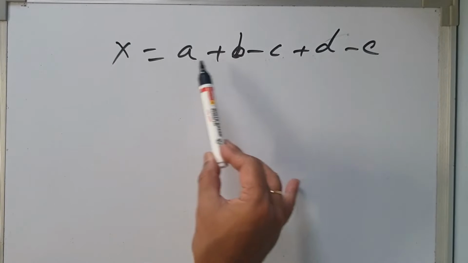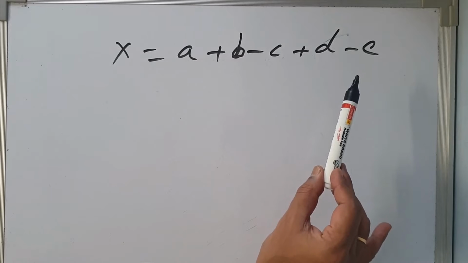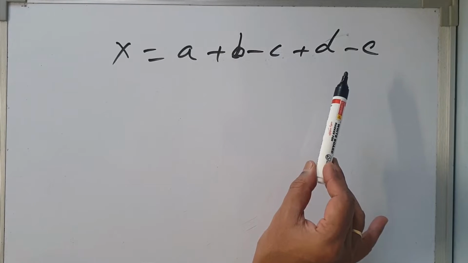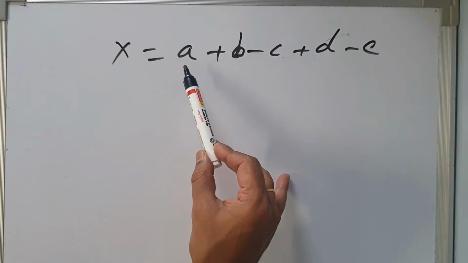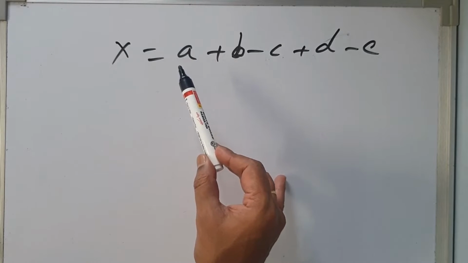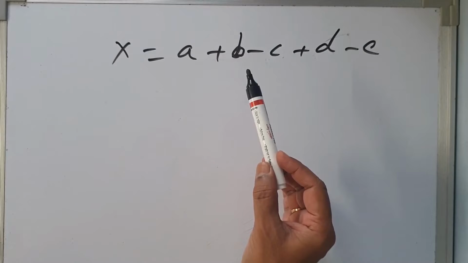From this it is clear that you can add or subtract only those physical quantities which have the same dimensional formula. In other words, you can add apples to apples and not apples to mangoes. You cannot subtract 10 mangoes from 15 apples.